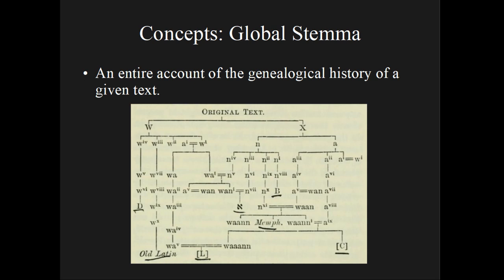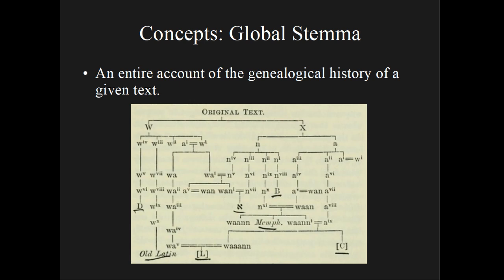And so that's that. And finally, we come to the final concept, and that is the global stemma. And I should probably explain what the word stemma actually means. A stemma is from the Greek, and it means, I believe, like a tree or a wreath, and basically it means a family. We'll just say that.